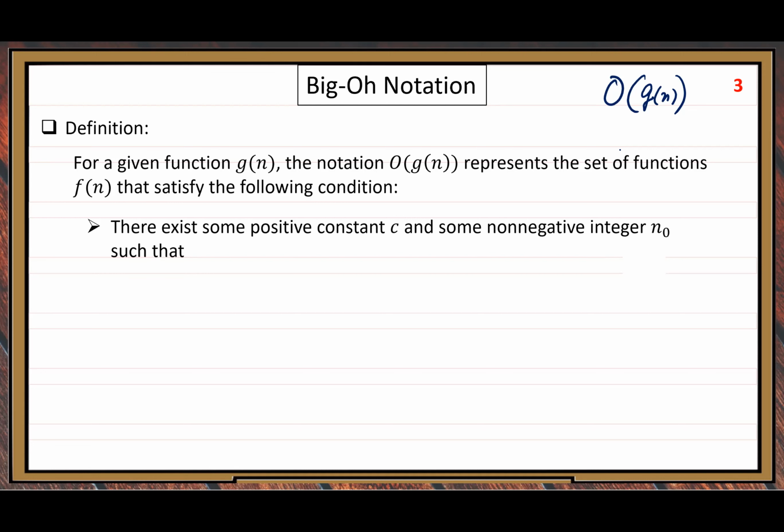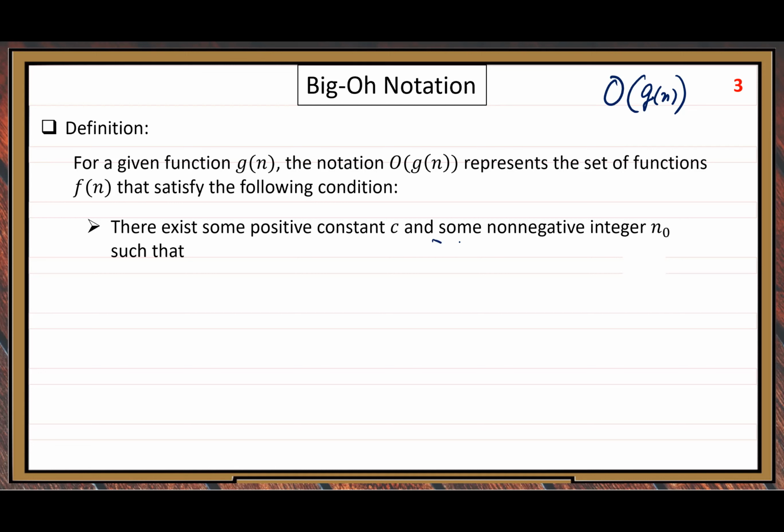There exists some positive constant c, only one, remember, one bound, upper, lower, this one we only have one bound, not both. So there exists some positive constant c and some non-negative integer n0.